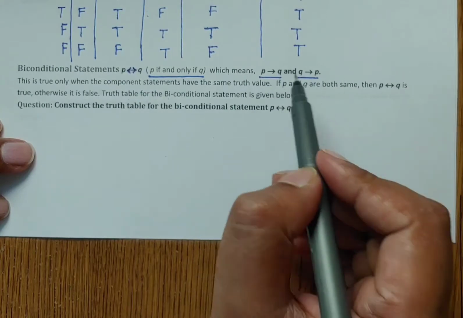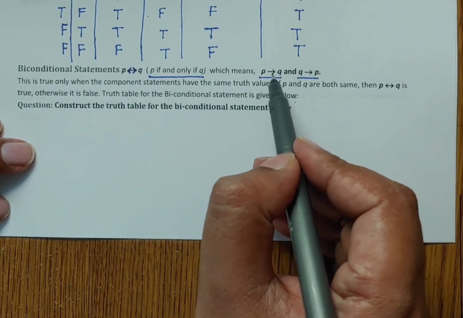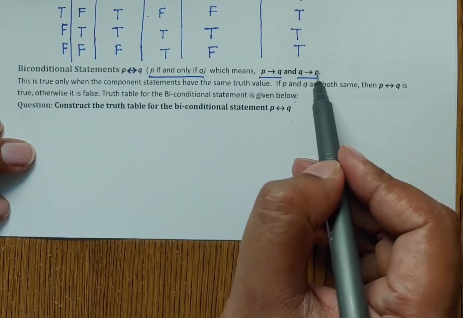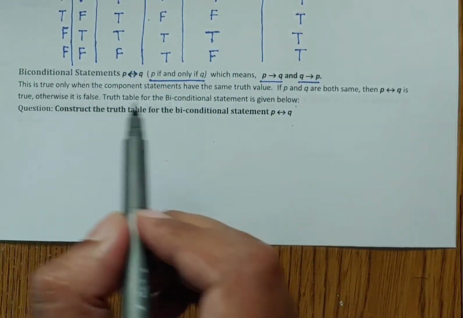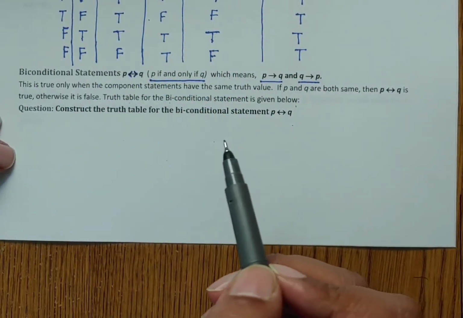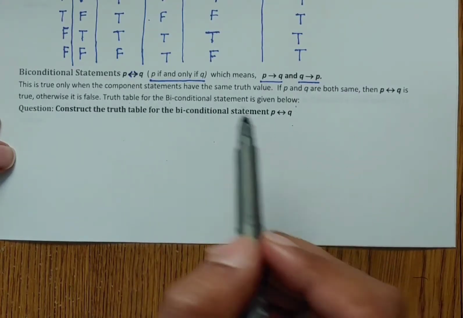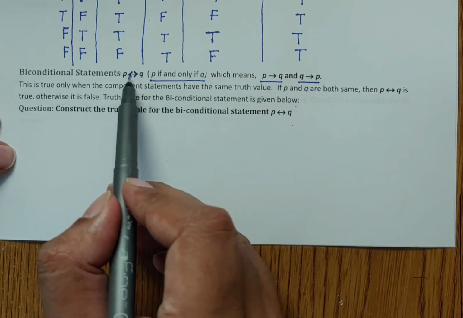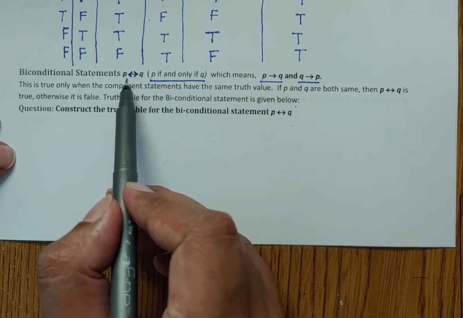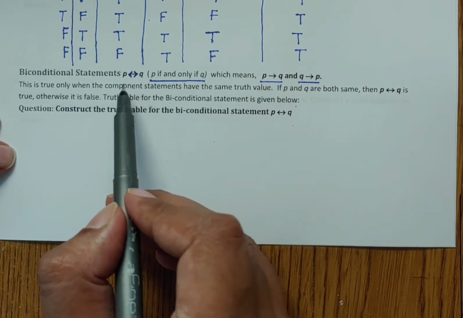This is a conditional statement and another conditional statement. When we combine these, we get the biconditional statement, P if and only if Q. So this is the notation for biconditional statements.